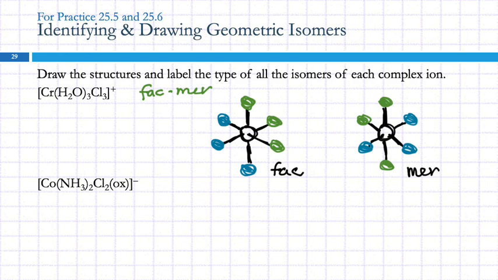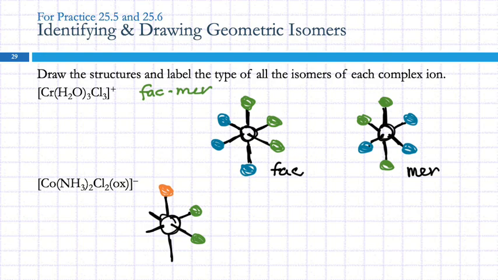Okay, so we've got two ammonias, two chlorides, and the oxalate is going to occupy two places in the octahedron. So we'll have chlorine be green again, and ammonia can be orange.